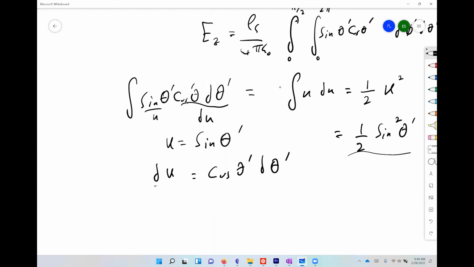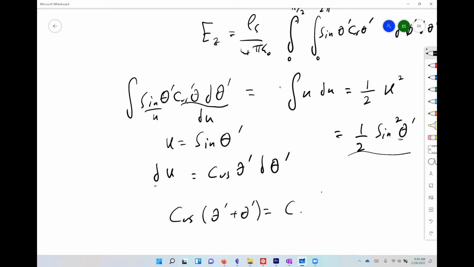But then I don't want to deal with the square, so I can use the identity. From trigonometry, you can write this in terms of cosine 2 theta prime. So what's cosine of theta prime plus theta prime?